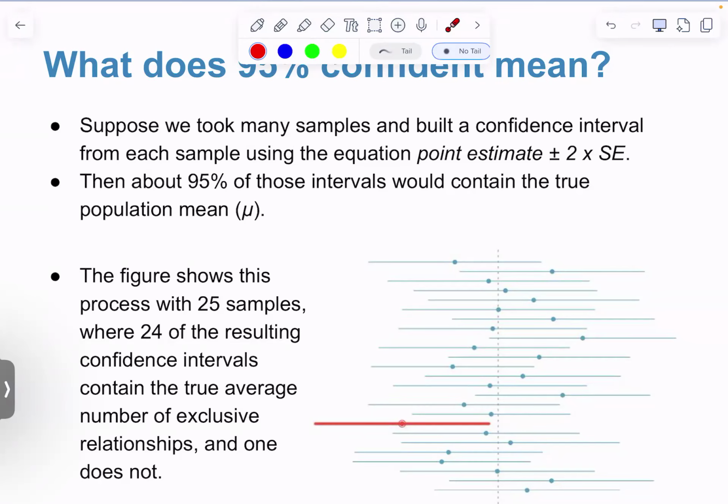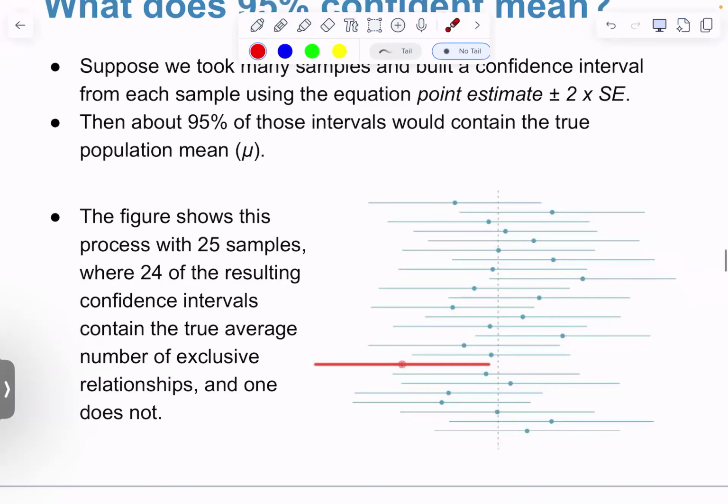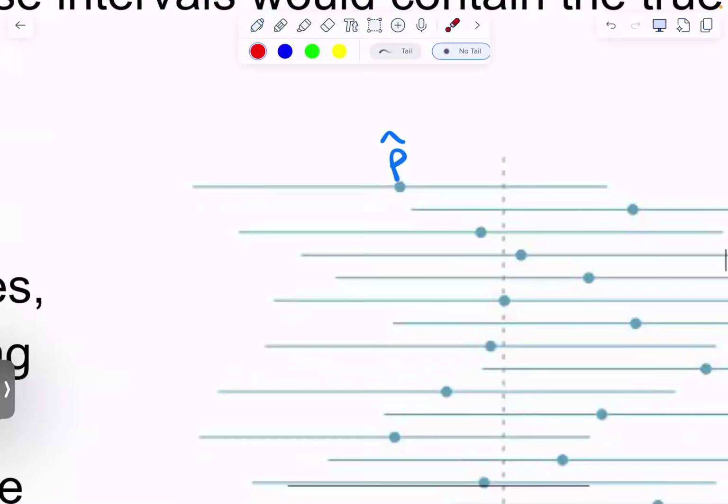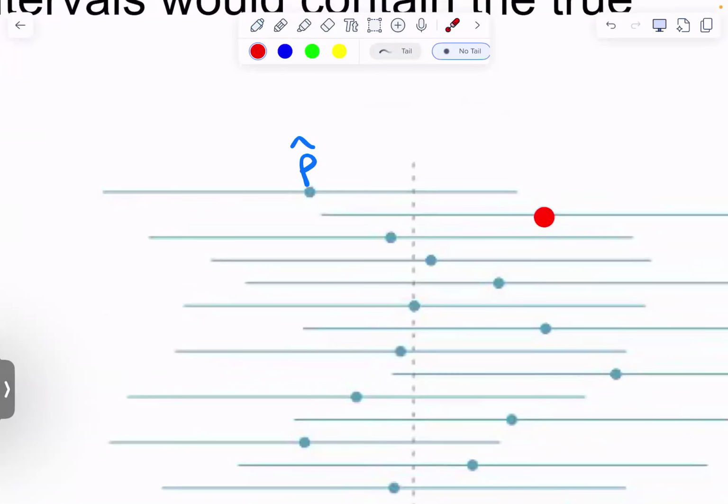Wow, crazy, or something like that. And so our p hat moves around depending on our sample, and that's indicated by these little dots here. Here I have my sample proportion. Here I have a different sample proportion, and a different sample proportion, and they can move around.